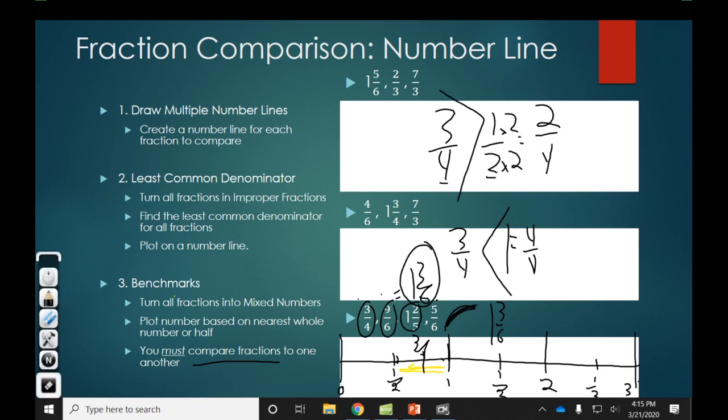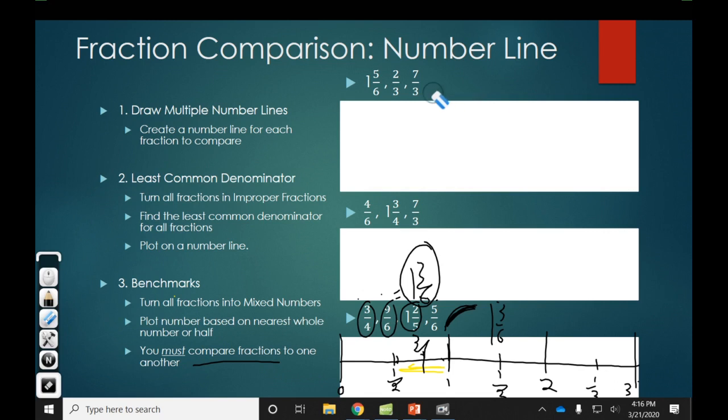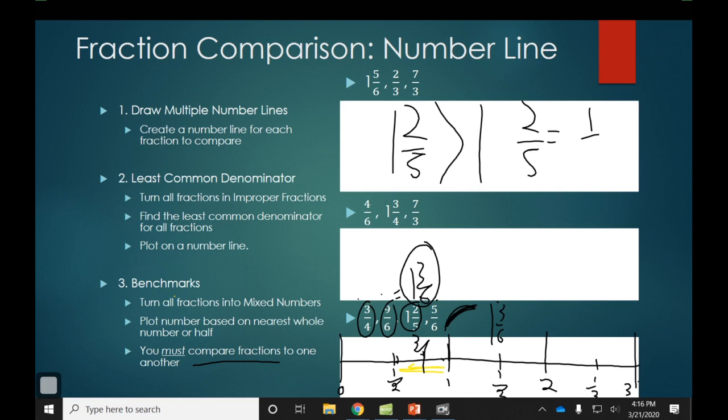Let's do some erasing again. Okay, 1 and 2/5, we know 1 and 2/5 is going to be greater than 1, but 2/5, where is that going to fall? Right, 2/5, does it equal 1/2?